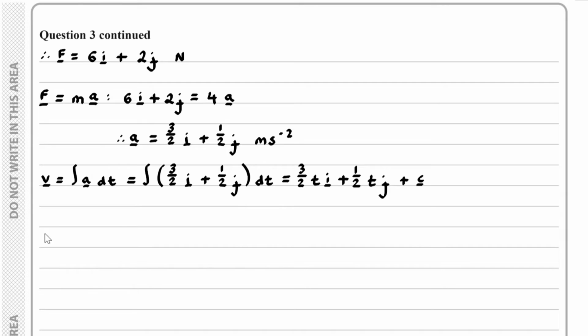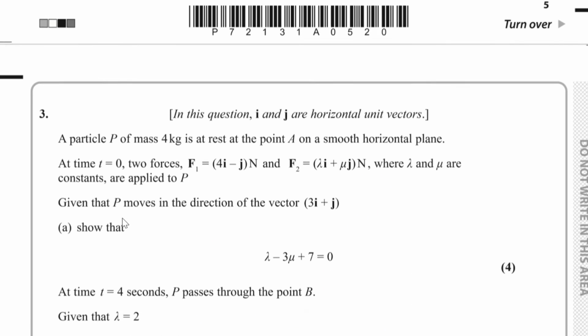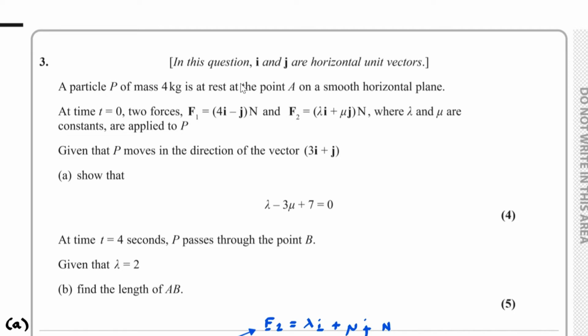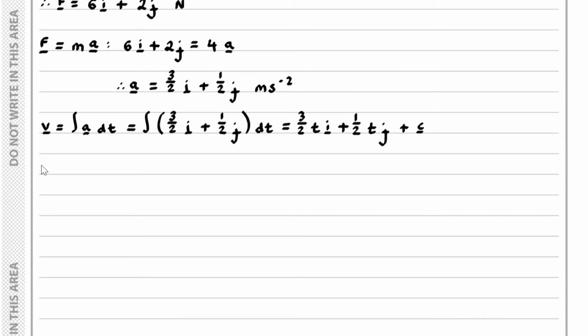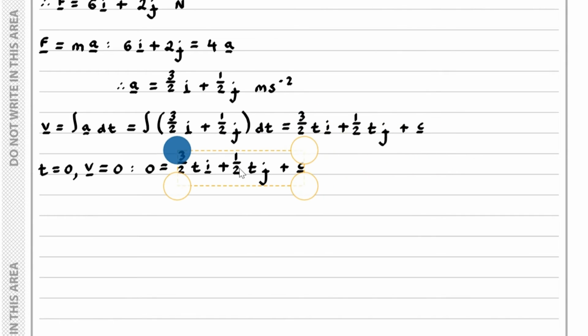Now, we know from the question that it starts at the point A, it's at rest at A, so when t equals 0, v is also equal to 0. And so we have 0 equals 3/2 t i plus 1/2 t j plus c, where t is equal to 0.